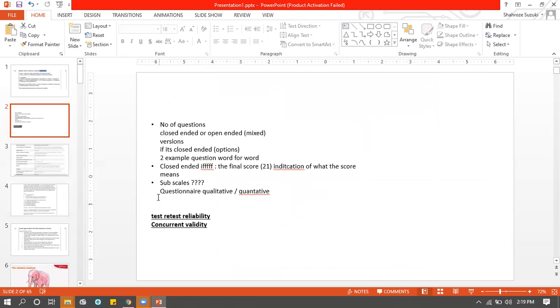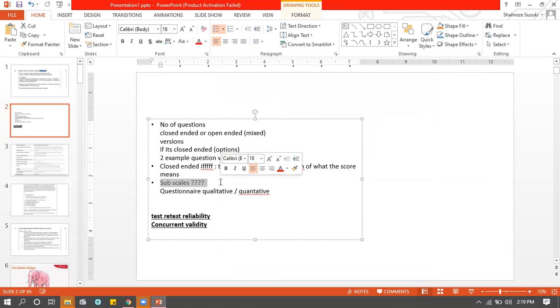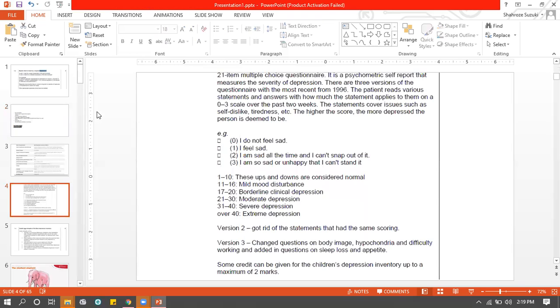And apart from that, are there any sub skills? BDI does not have sub skills. Sub skills based questionnaires can be found out later on in your other topics. Is the questionnaire qualitative or quantitative? Obviously, the BDI is giving you a numerical value in the end, so it is going to be a quantitative questionnaire, not qualitative.